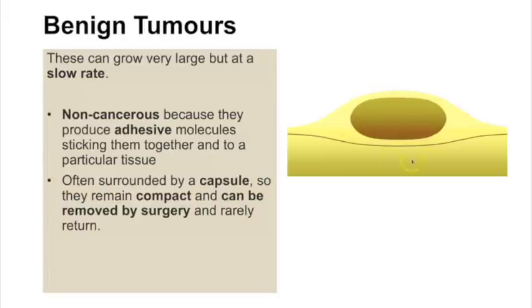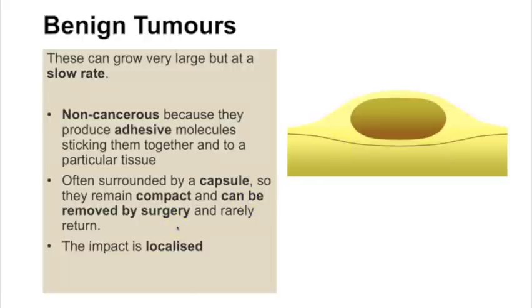It's also in a capsule as well, which means that these cells that are having this uncontrolled mitosis, they're not able to break off and spread to other parts of the body. And therefore, if surgery can be conducted on the part of the body that the tumour is located, you may be able to cut out and remove that entire encapsulated tumour, and then it'd be very rare that the tumour would regrow.